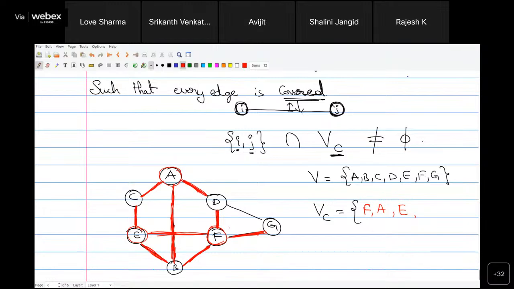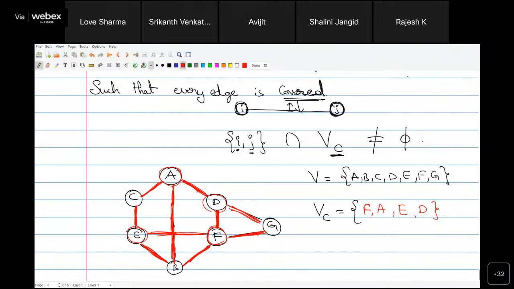And finally, you are yet to cover this particular edge DG. You can pick any vertex, it's fine. To cover this edge, you can pick D or G. Both work. So I pick D. Once I pick D, I will cover this particular edge also. So this is what covering means.